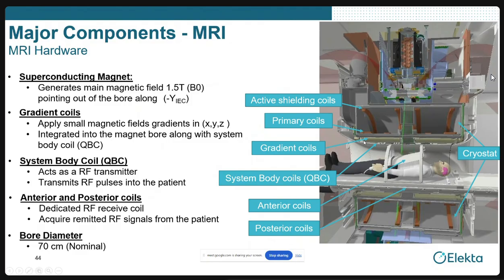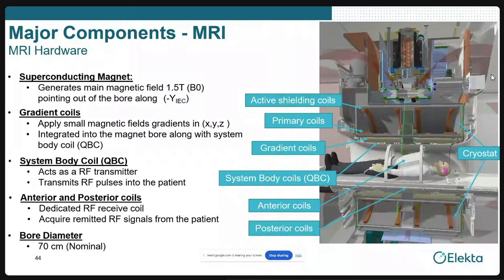Then you have the gradient coils, which create small magnetic gradients per mm of the patient tissue, so that we can really create a flux of gradient coil. Then through the system body coil, we apply the RF pulses, and the system gets perturbed. Then you get the anterior and posterior coils, which receive the signals from the patient body.